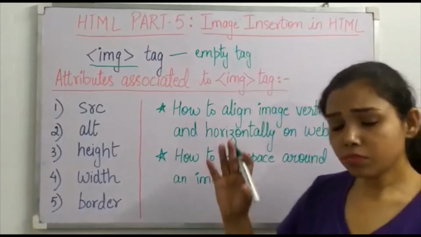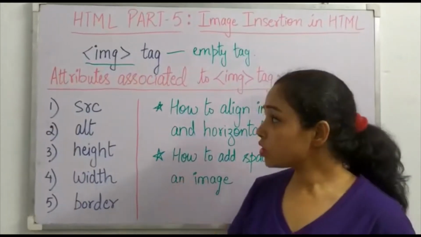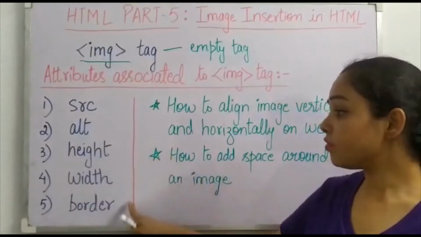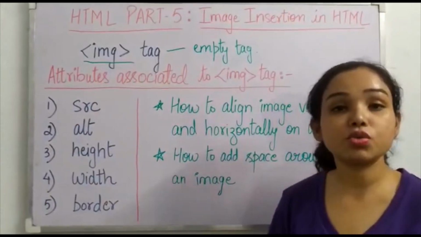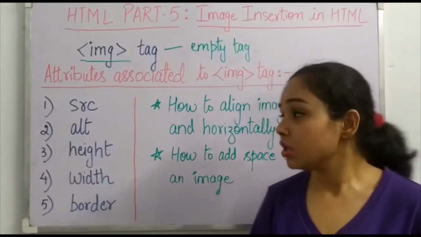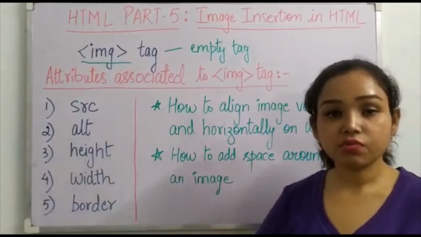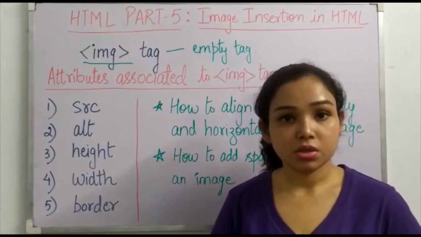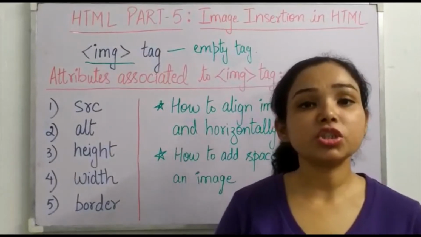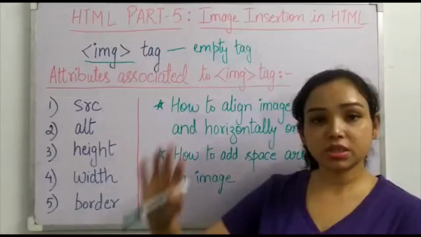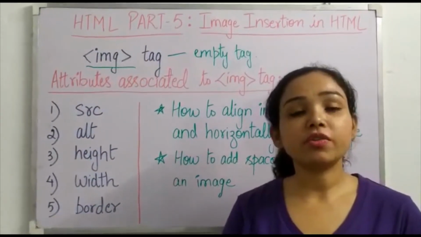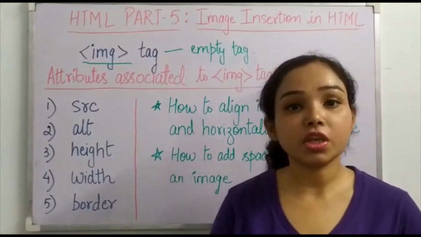Now in this video we are also going to deal with 5 attributes which are associated with the img tag. The first one is src, which stands for source. When you write the img tag, you also have to give the source or the path of the image.